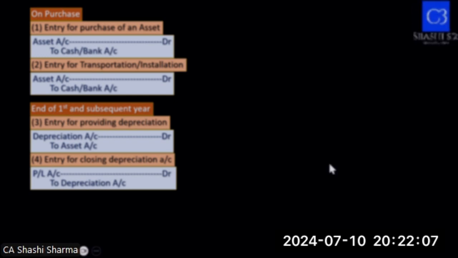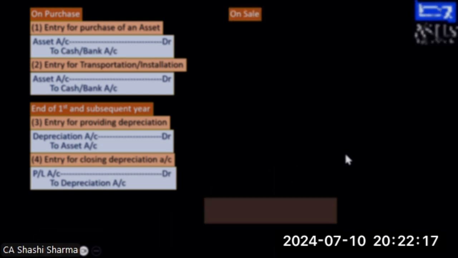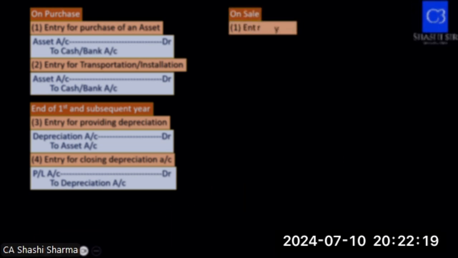Next entry. The next transaction that may involve this machinery, this asset, is that of sales.